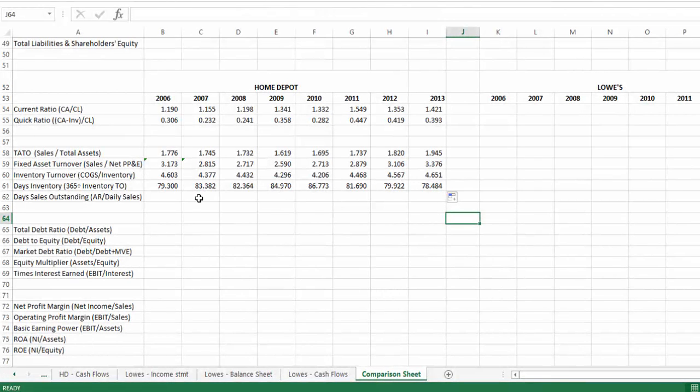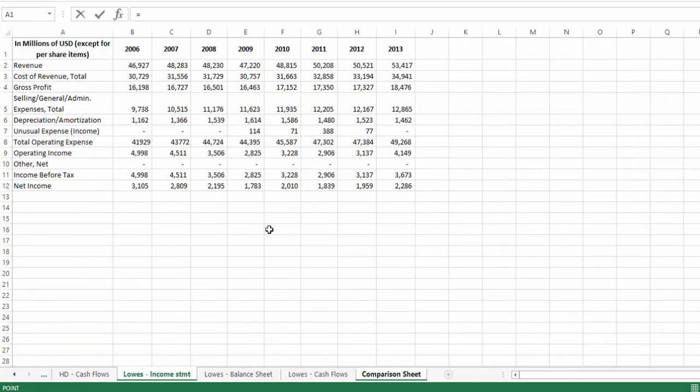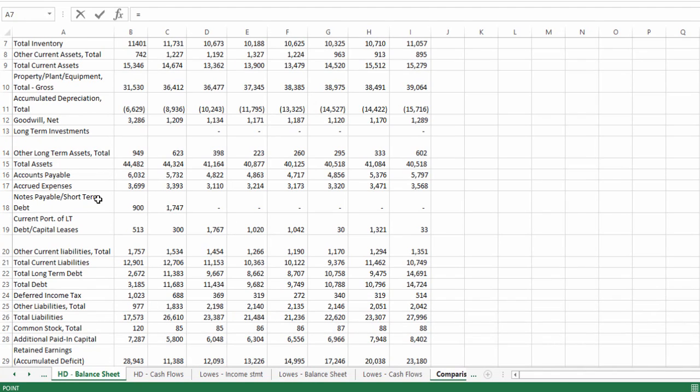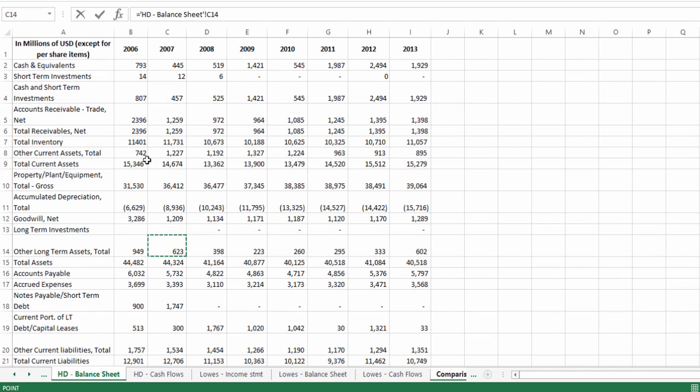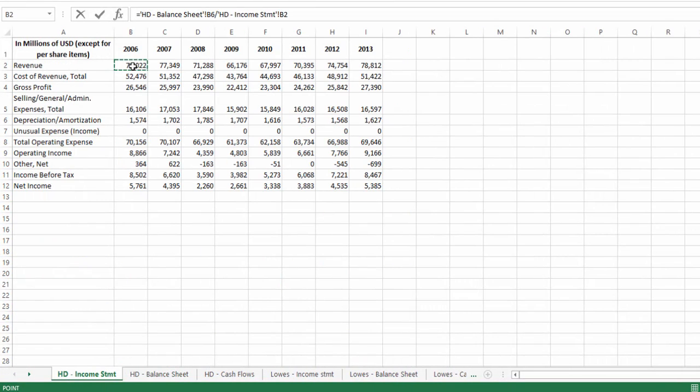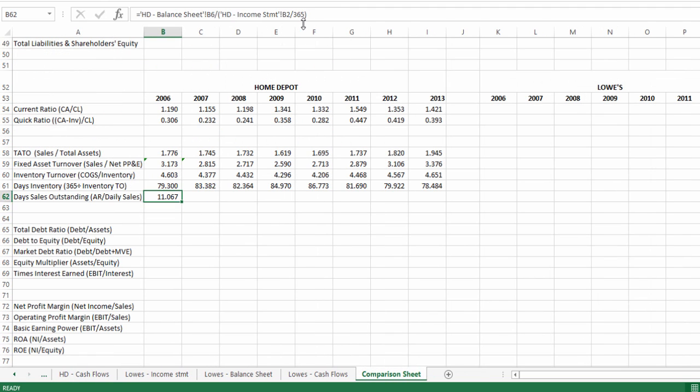And then finally, a little look at the accounts receivable. We're going to take the accounts receivable number, which is a balance sheet number, and the current assets. So we'll take the net receivables and divide that by sales per day. So we're going to go to the income statement. We'll have sales divided by 365, and I'm going to fix my parentheses so the calculation is correct here.